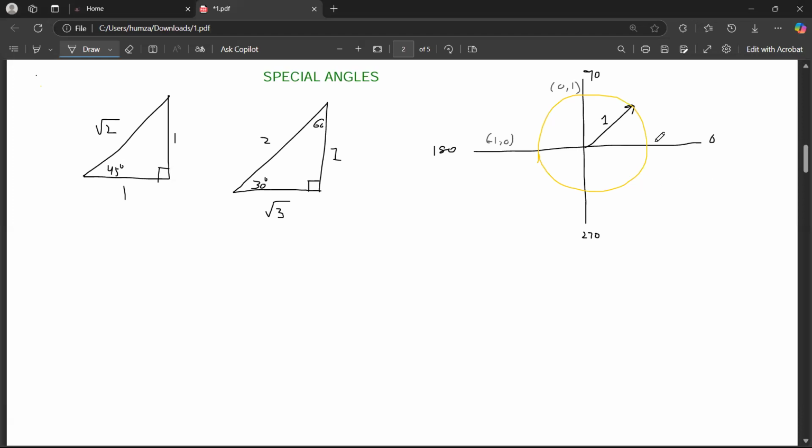This is 1, 0, or your 360 degrees will be here, and the point will be 1, 0, and this will be 0, negative 1. So these are the points on the Cartesian plane.